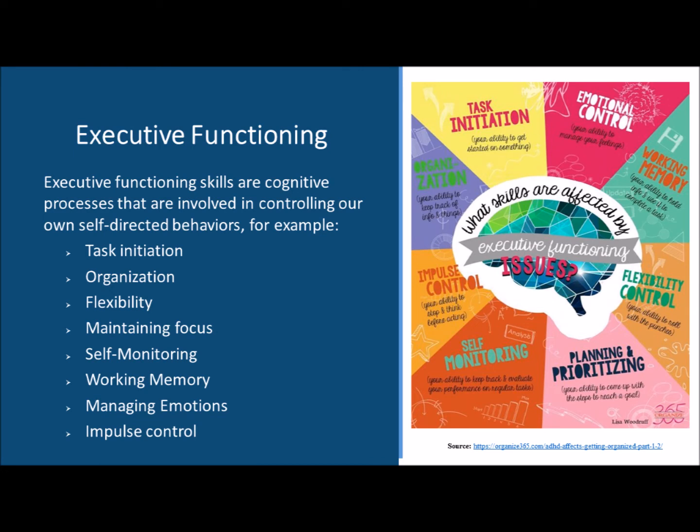Continuing with executive functioning, skills are cognitive processes that help us control our own goal-directed behaviors. For example, some of these skills are task initiation, organization, flexibility, maintaining focus, self-monitoring, working memory, managing emotions, impulse control.